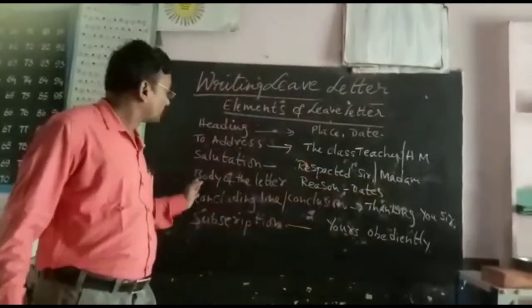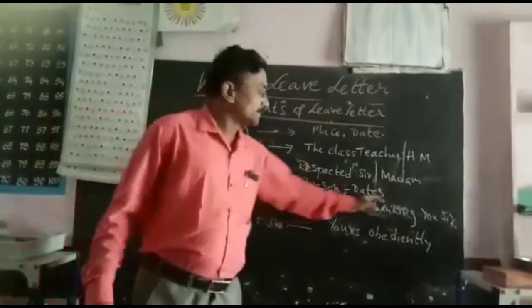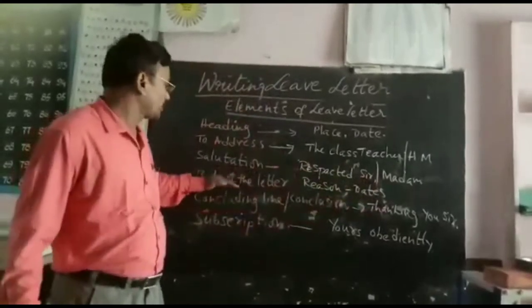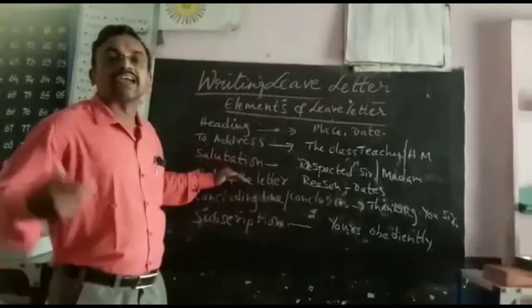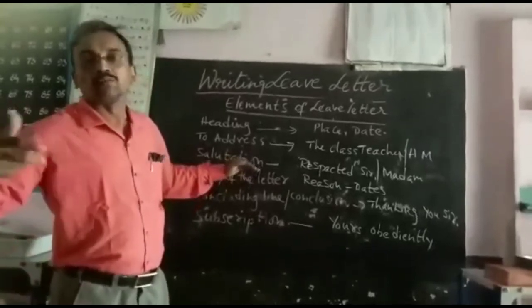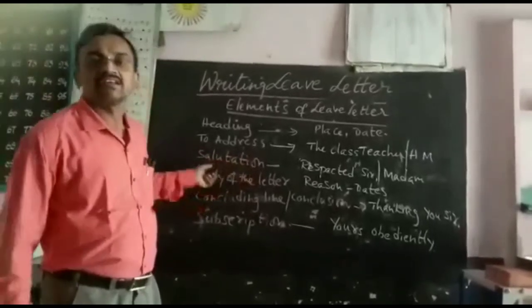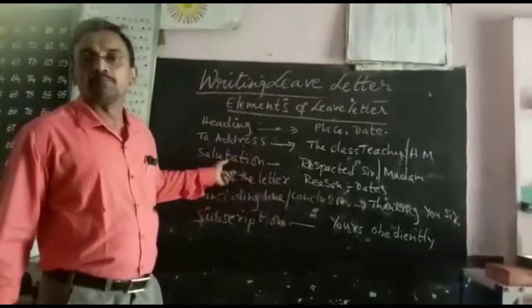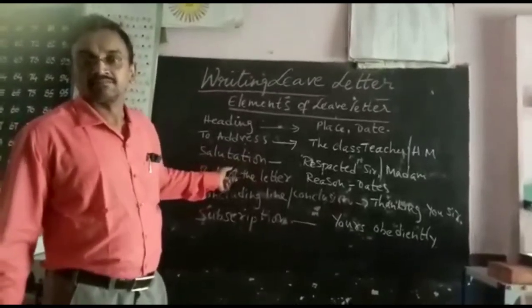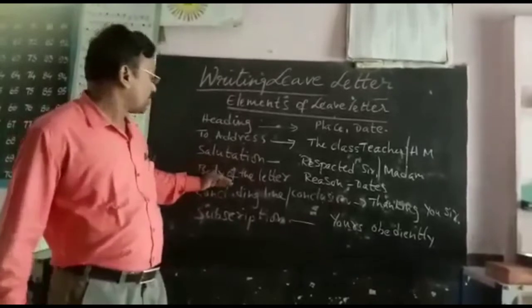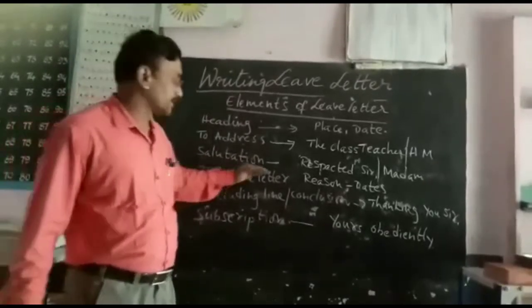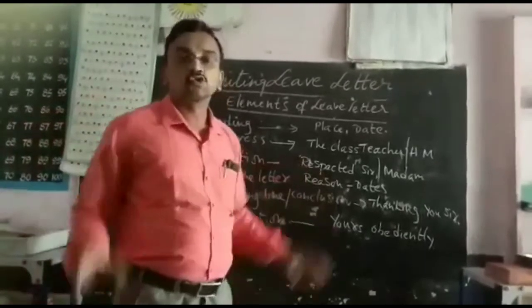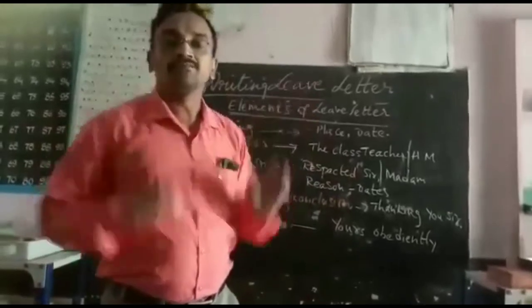Next, the fourth element is the body of the letter. Before the body of the letter, you may or may not mention the subject, but it is not compulsory to mention the subject. Body of the letter should be very clear.